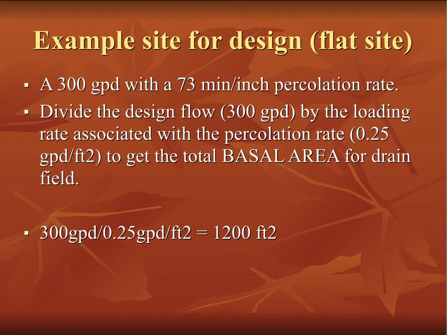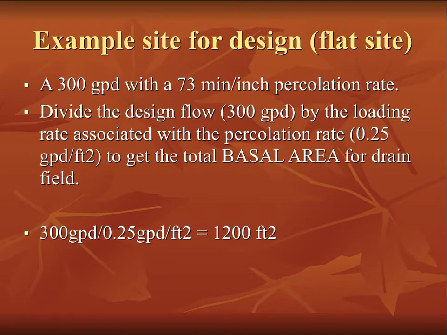These numbers, by the way, are all going to be in the design manual for the Oscar 2 system, including the table that has the loading rates associated with each percolation rate. So in this case, that loading rate is going to be 0.25 gallons per day per square foot.